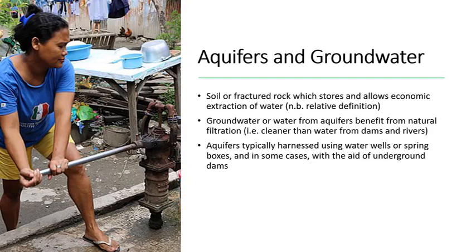You can use water wells. If your site has springs, then you can install spring boxes. And in exotic cases, like in Africa, where they have relatively deep water tables, what they do is they construct underground dams that impound the groundwater, which raise their local water table so they can easily draw out water from that site.